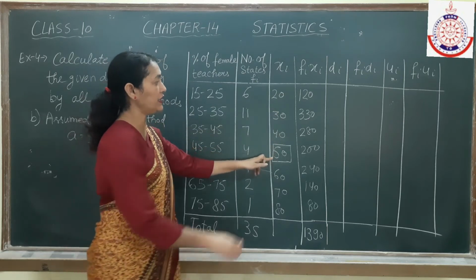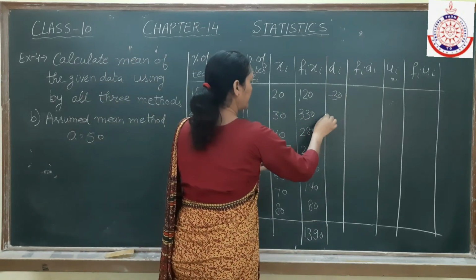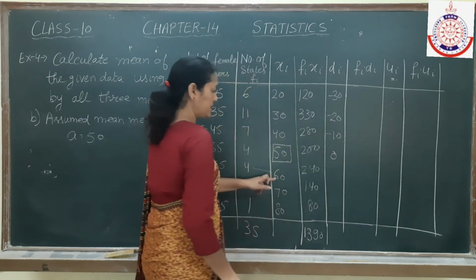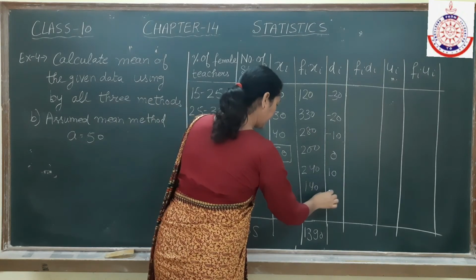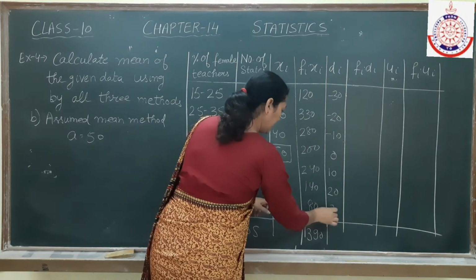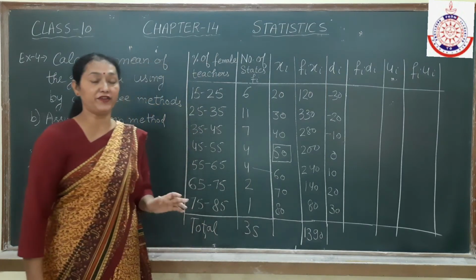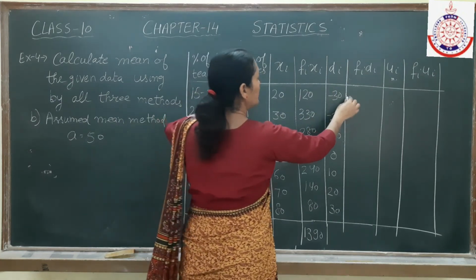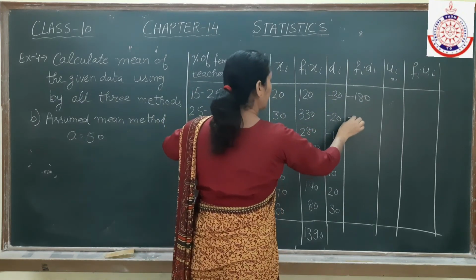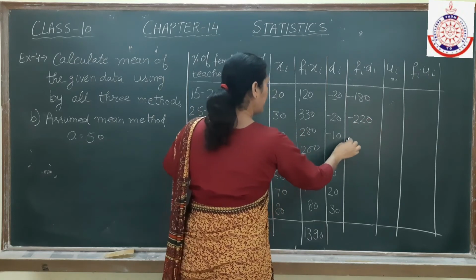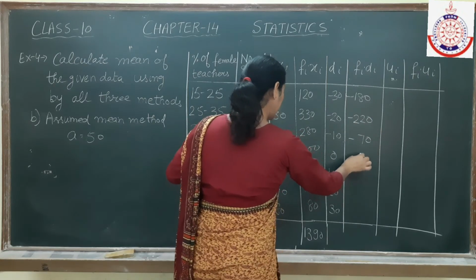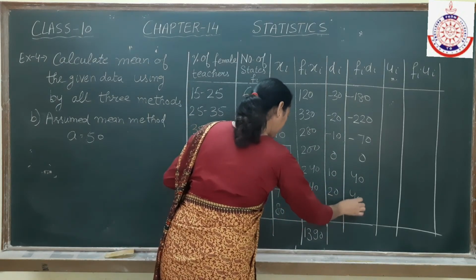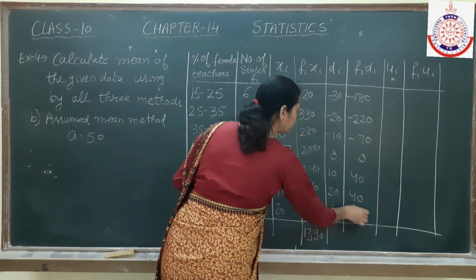Now from each xi we have to subtract 50. So 20 minus 50 is minus 30, minus 20, minus 10, 0. 60 minus 50 is plus 10, plus 20, 80 minus 50 is 30. So we have obtained the deviations di. Now we will be multiplying each fi with di. 6 into minus 30 is minus 180, minus 220, minus 70, 0. 4 into 10 is 40, 2 into 20 is 40, and 30.